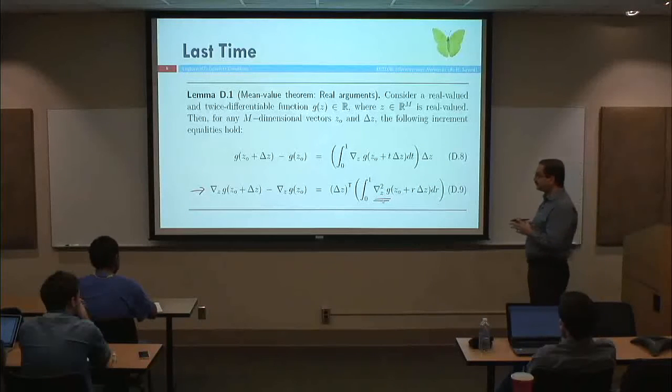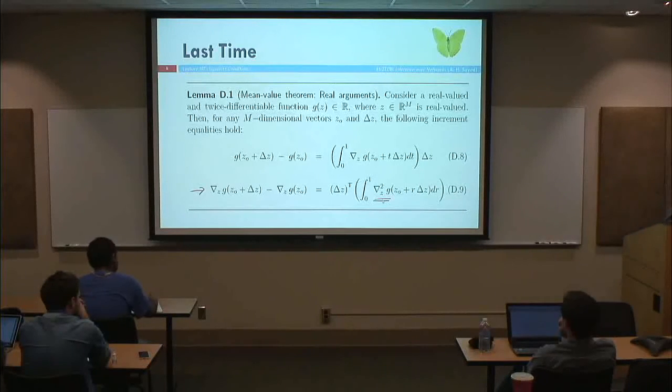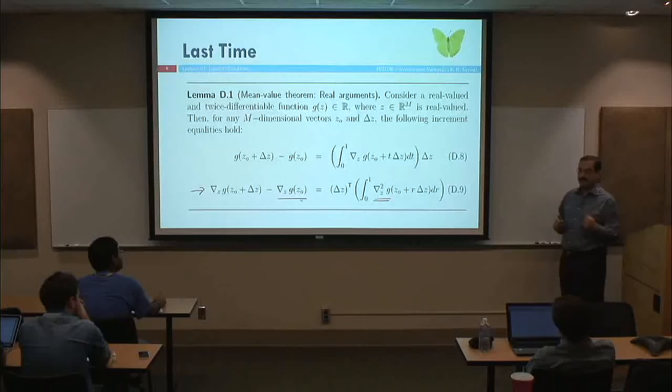For example, if the function g of z is convex, let's say strongly convex, it will have a unique minimum. If it has a unique minimum and that minimum is z0, the gradient at z0 will be 0. Very good.